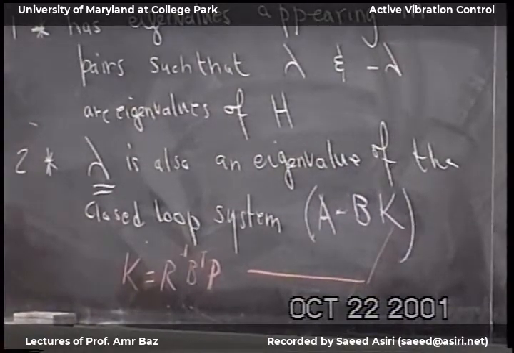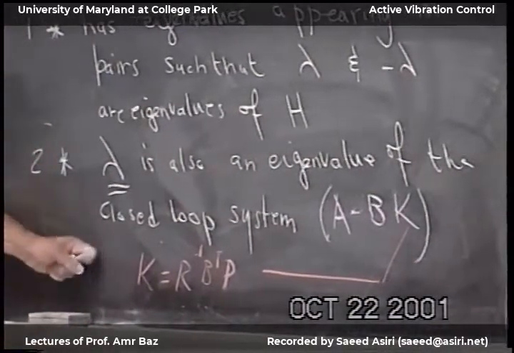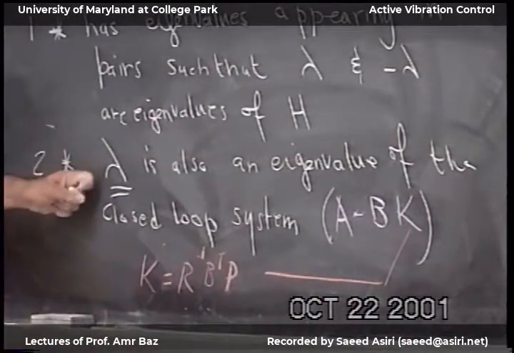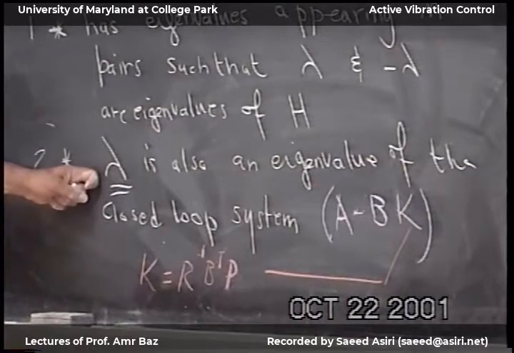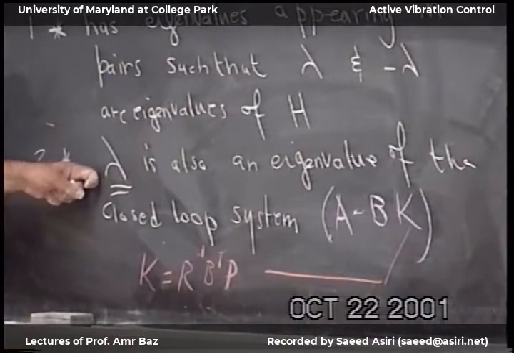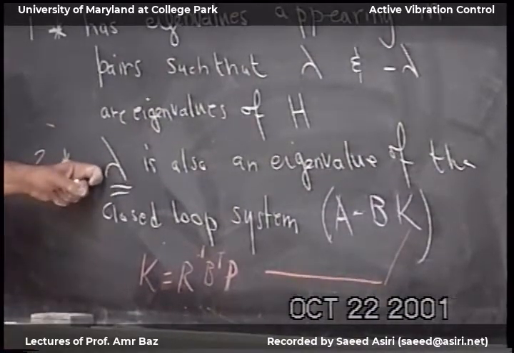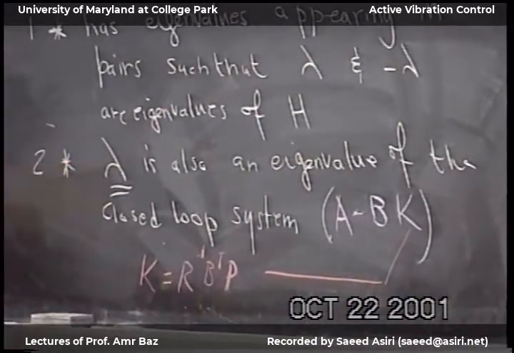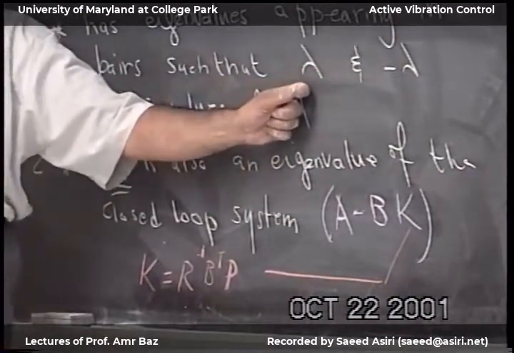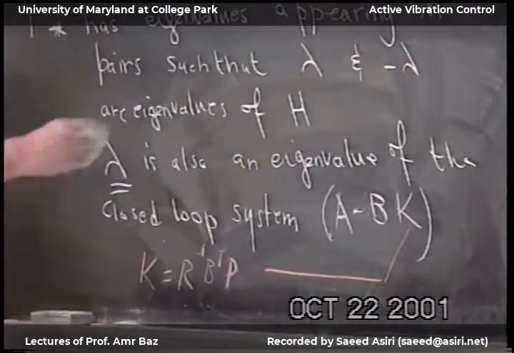So the bottom line of all this, if I want the closed loop to be stable, I want the eigenvalue lambda to be away from the imaginary axis, to be inside the left-hand side of the S-plane. And this is stable eigenvalue, such that we have lambda and minus lambda. So we have a stable eigenvalue and unstable eigenvalue.